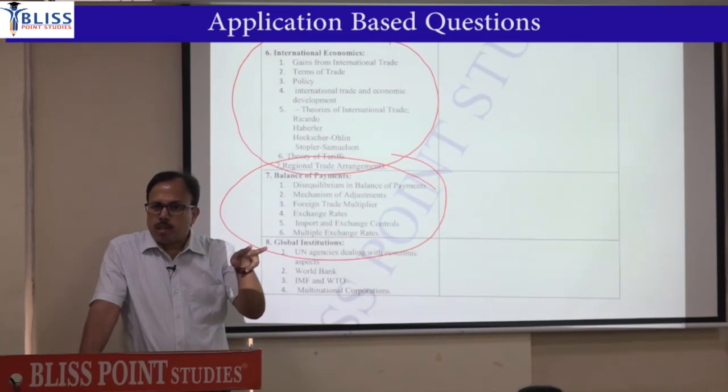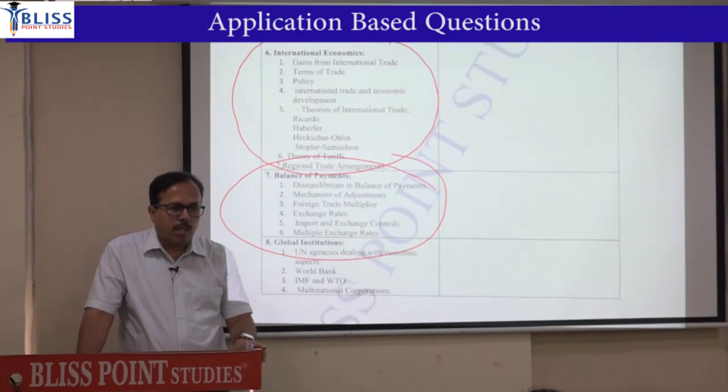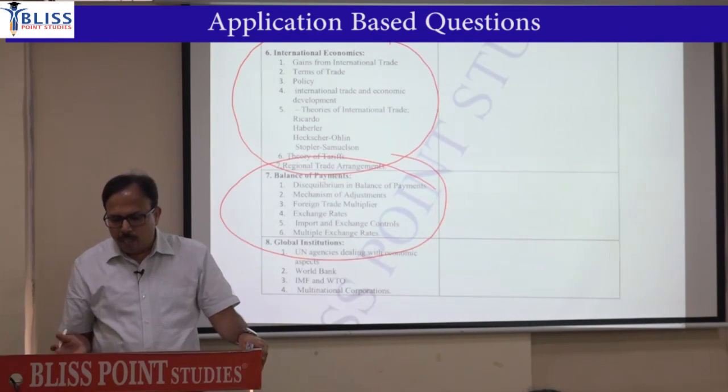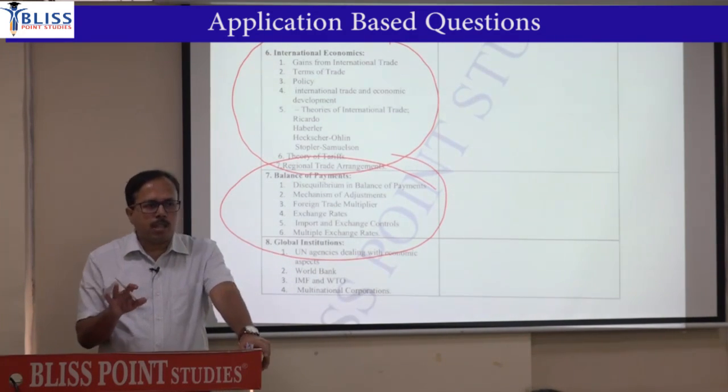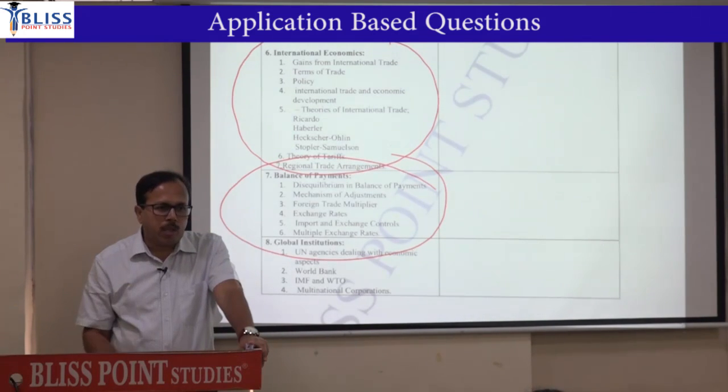One is theories and second is balance of payment and foreign exchange market. So minor differences, almost 80-90% things are same for both. So when you practice questions, you have to do the questions of both.